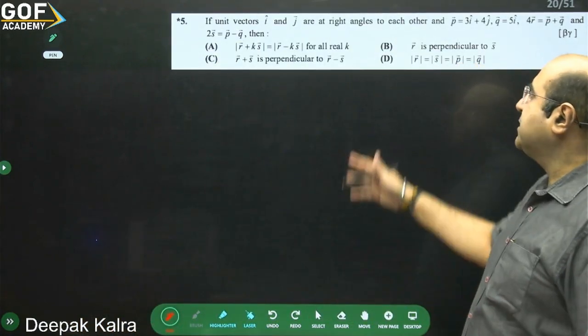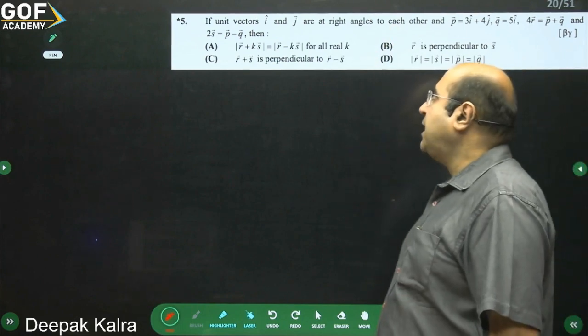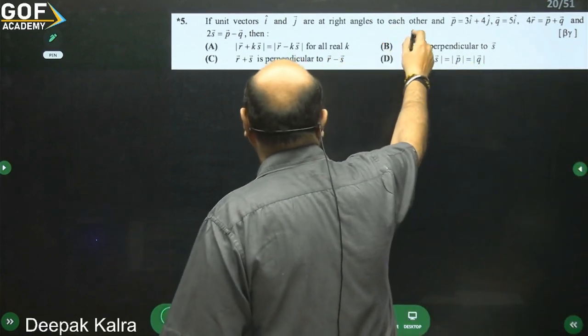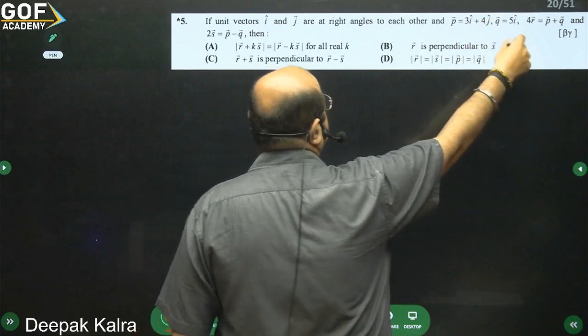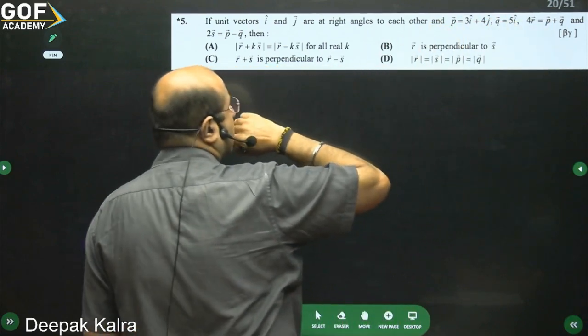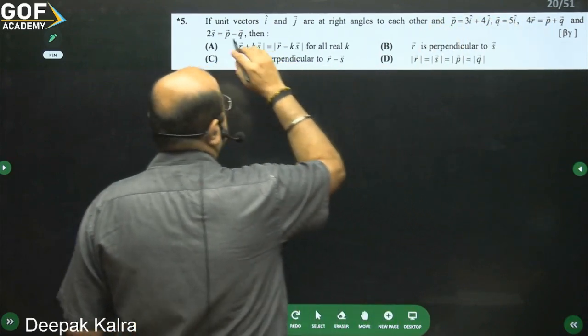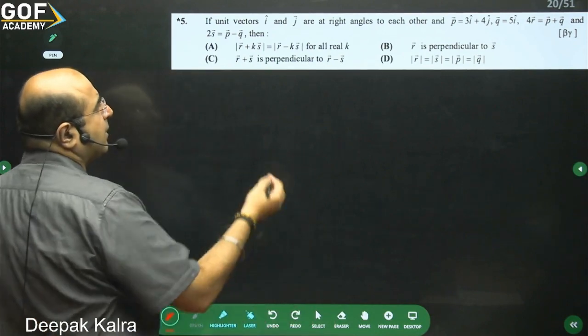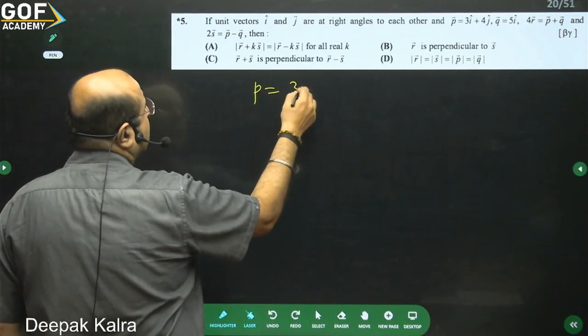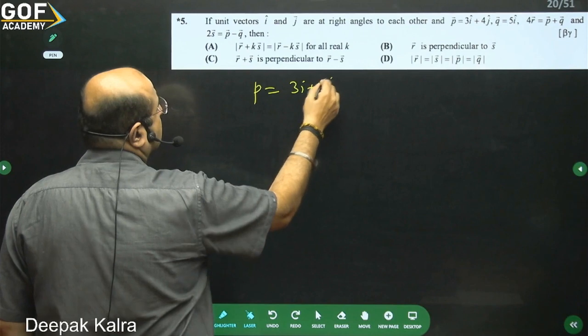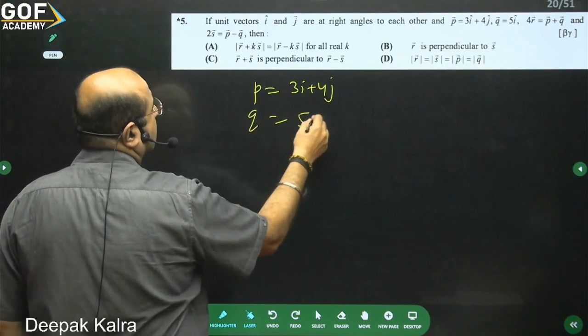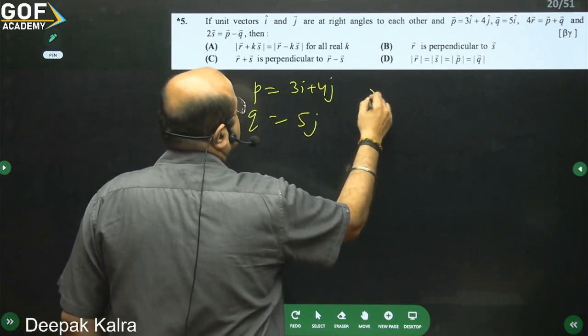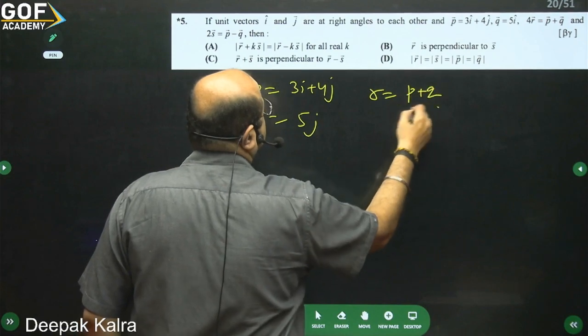Now moving to this. Multi-correct. i and j are at right angle. i dot j is 0. P is given. Q is given. R is given. S is given. We can calculate easily. I think it is being done by you all, I guess. See, R is nothing but P plus Q over 4.